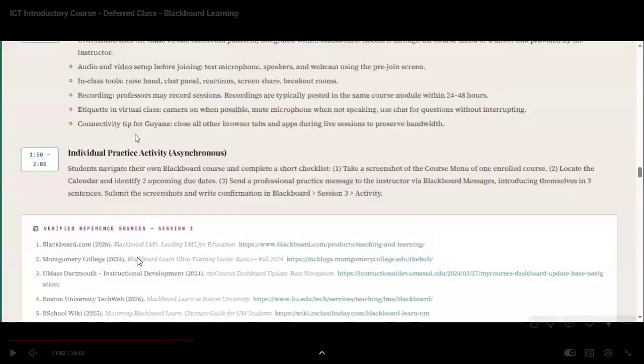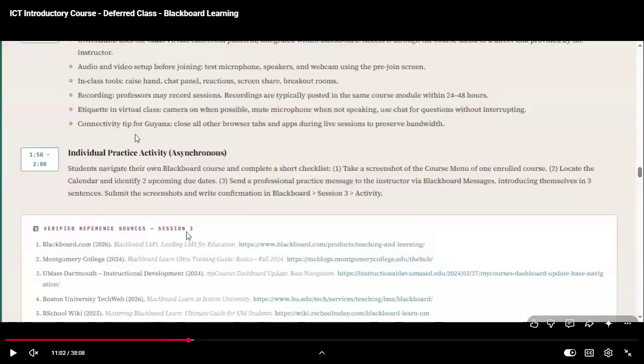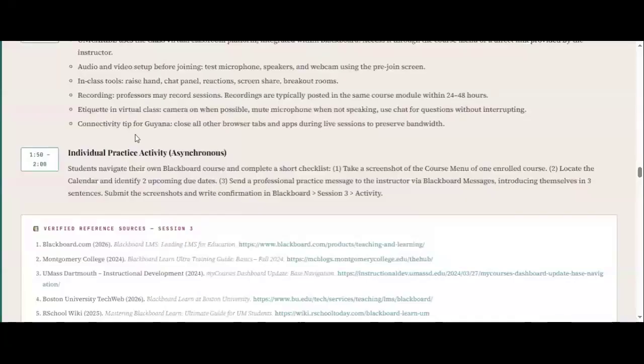It's very important because the Blackboard platform is the official one of Unicaribe. That's not a secret, that's nothing new. So our goal is for you to get comfortable with this platform, so you can develop some practicing activities and, as I told you, get familiar with the platform.